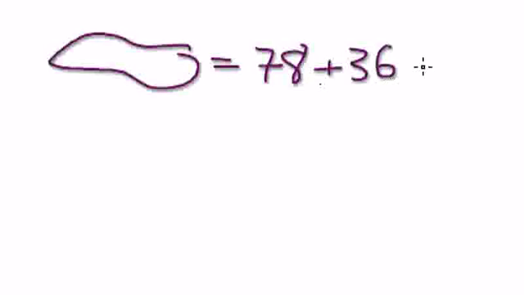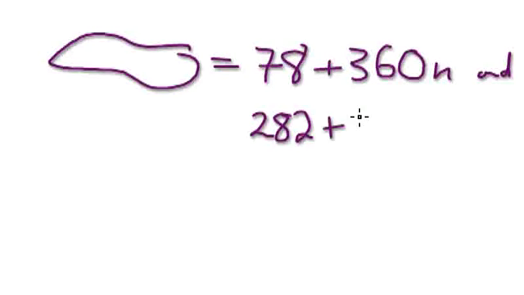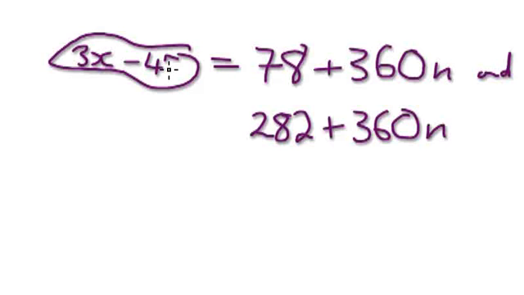Our whole bubble here equals, what was it? 78 plus the multiples of 360, and 282 plus multiples of 360n. Okay. So let's put our 3x minus 45 in here.